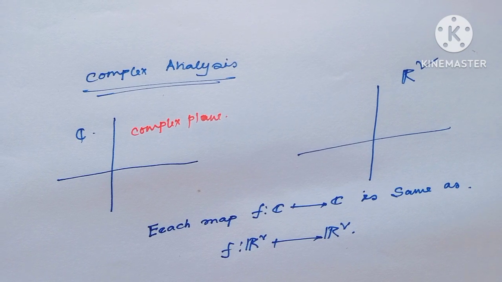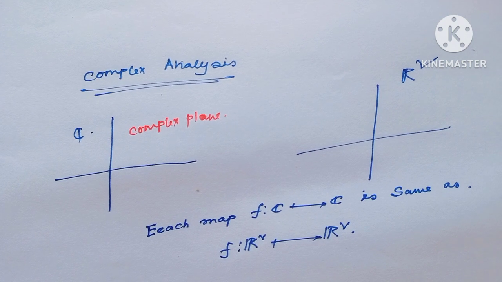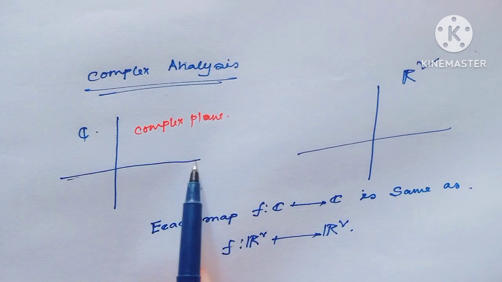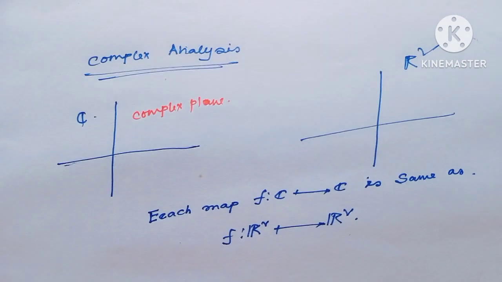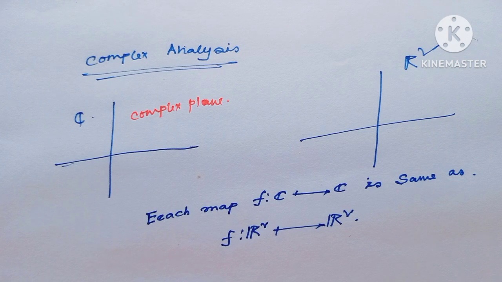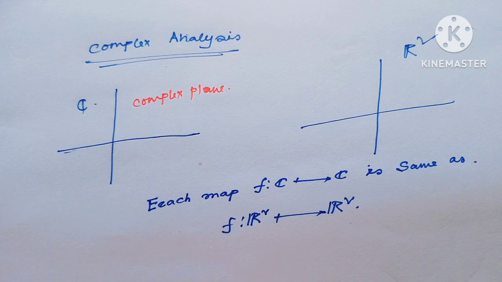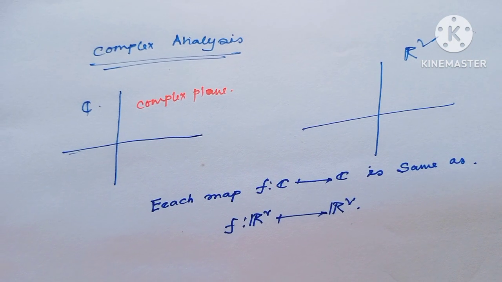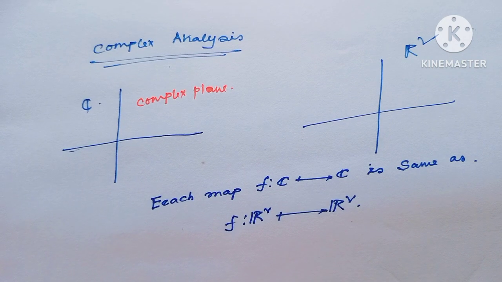All the structure is the same, only this is the real axis and this is the imaginary axis. A function f from complex to complex is the same as a function f from R2 to R2. That means in complex analysis, differentiability is the same as differentiability in R2 space.